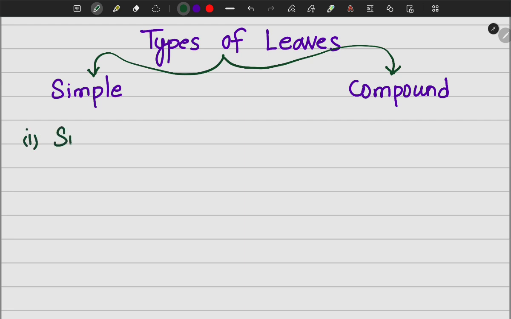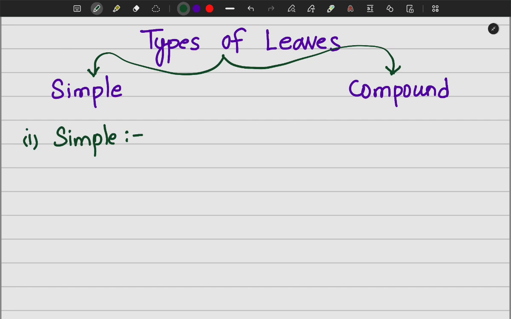Let us try to understand that. A simple leaf is that leaf whose lamina is entire, or if there is any incision or cut present in the lamina, then that cut does not touch the midrib of the leaf.